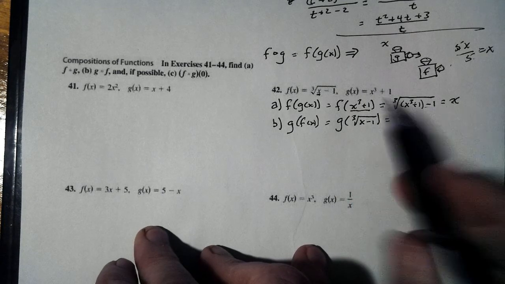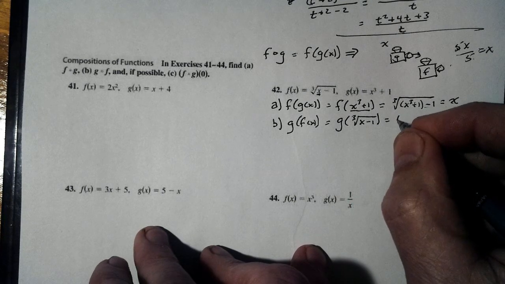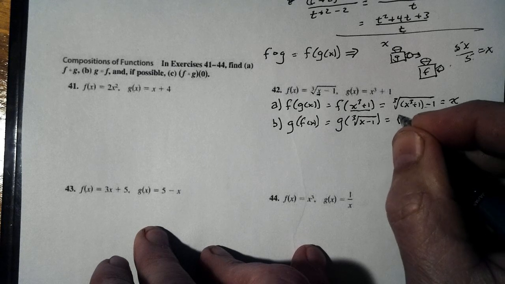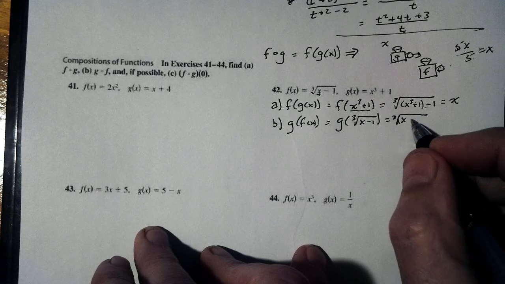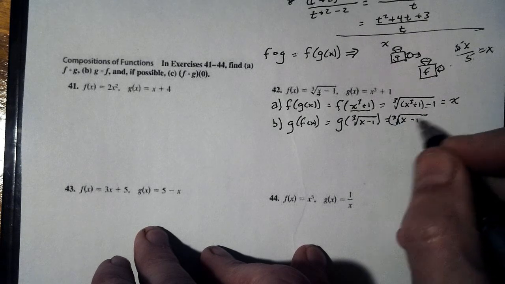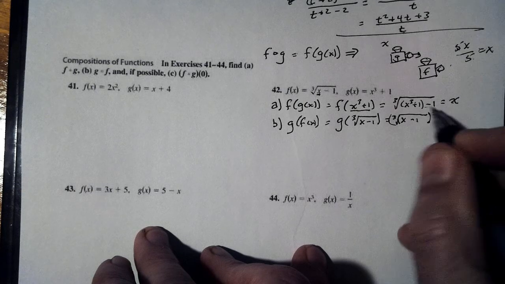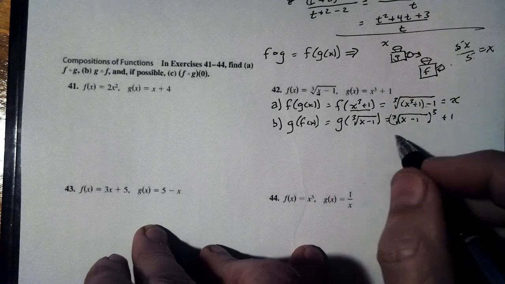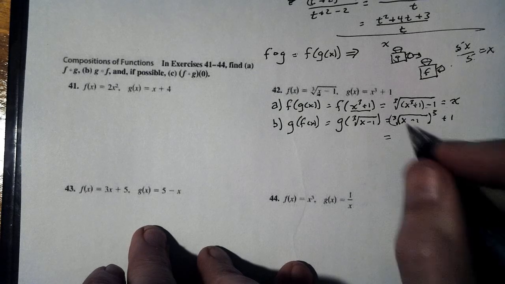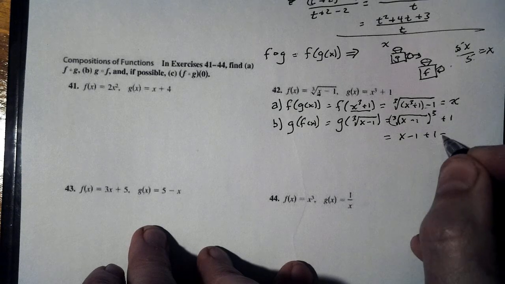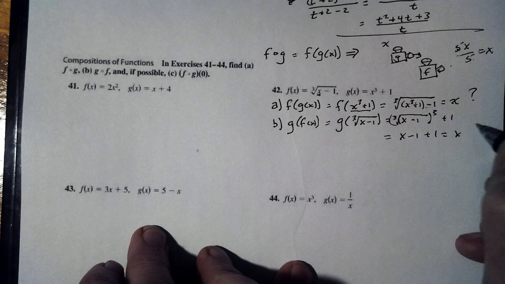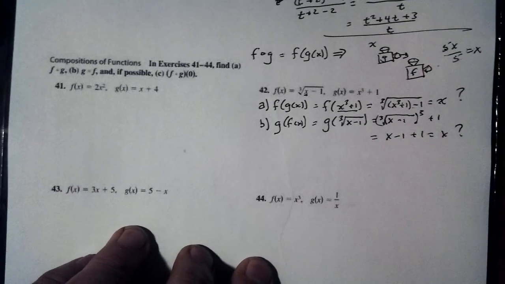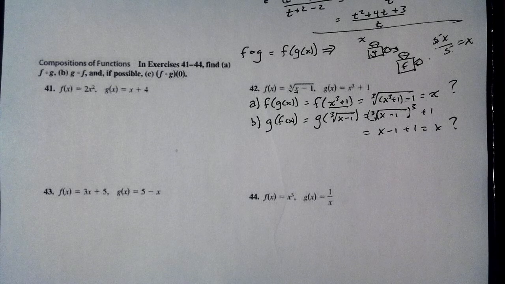G is a factory that cubes things, so we take the third root of x minus 1, we cube it, it takes the thing, cubes it, and adds 1, and we see that the cube cancels the third root, x minus 1 plus 1 equals x. And right now, the scientist, not the mathematician, the scientist in our head should be saying, hey, I wonder if f of g of x is the same as g of f of x.